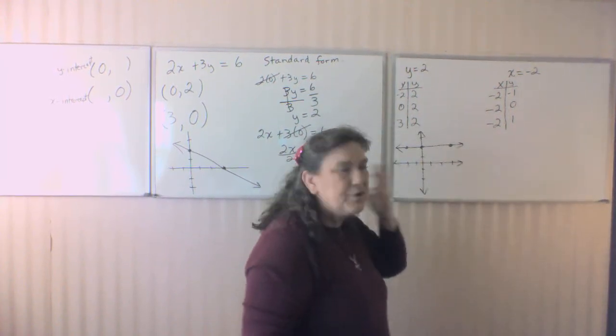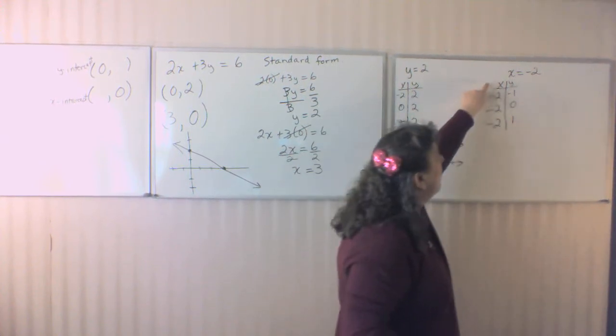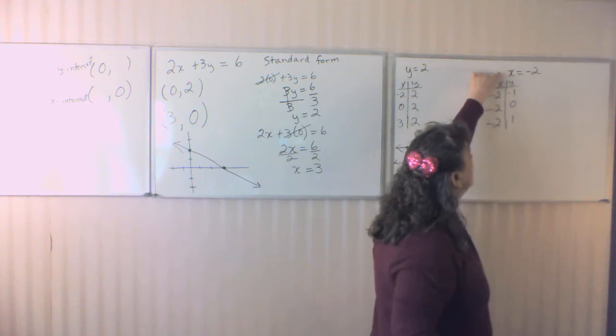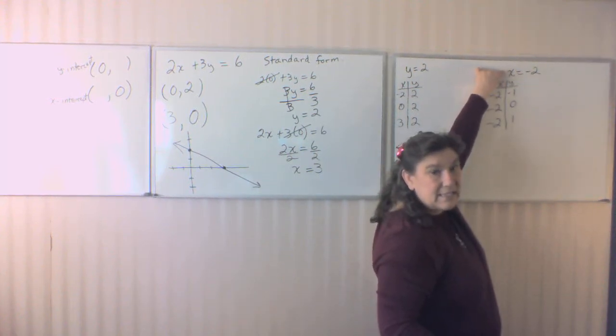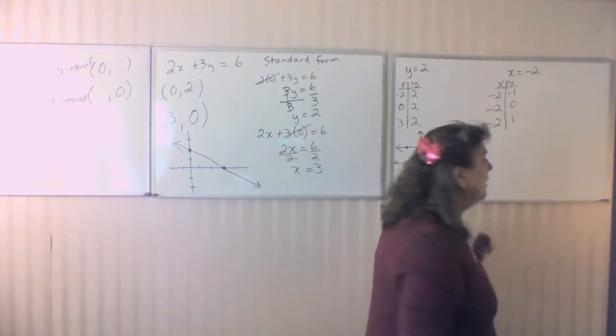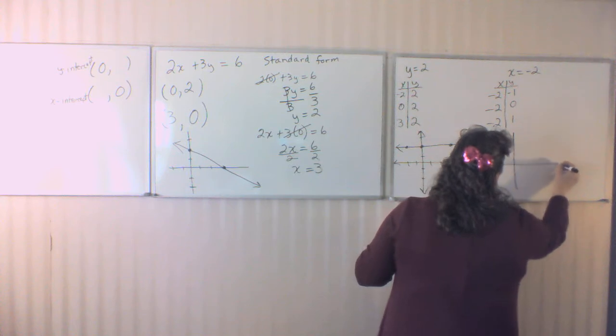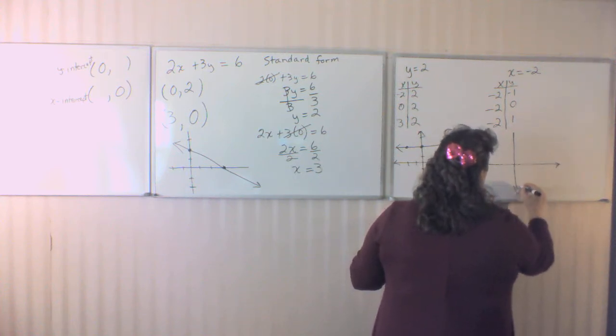As you see, I chose small numbers because they're easier to graph. And so all the x's have to be -2 because it says that is the condition. All my x values are -2. Y is your choice.